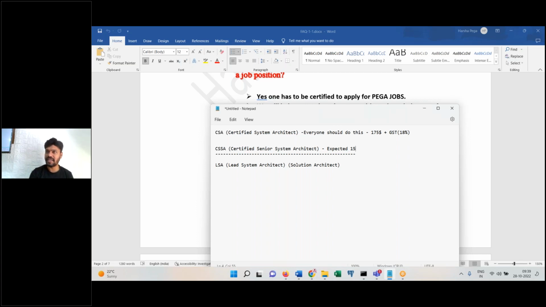You are only 1 year experience, your package is 5 lakhs, you're expecting 10 lakhs, you are moving from one company to another company. Your experience is 10 years, you are showing some years of experience on Pega, already your package is 12 lakhs, you're expecting 20 lakhs or 15 or 25.